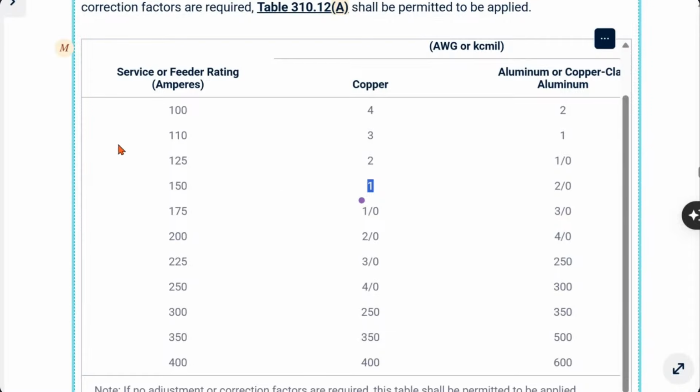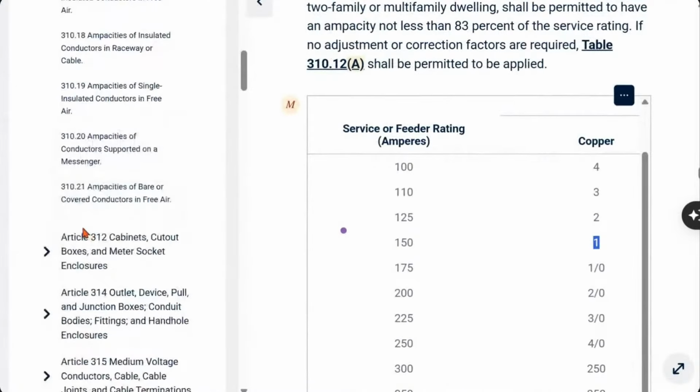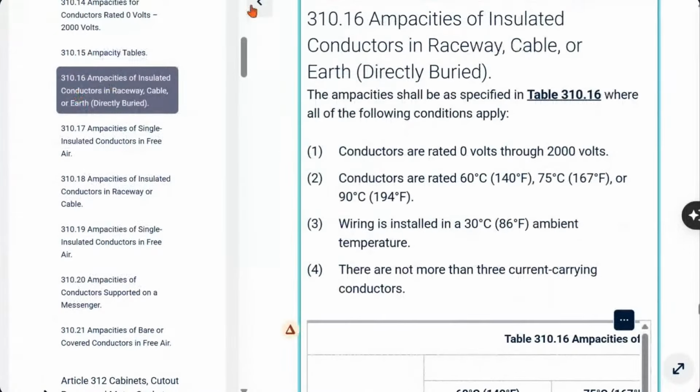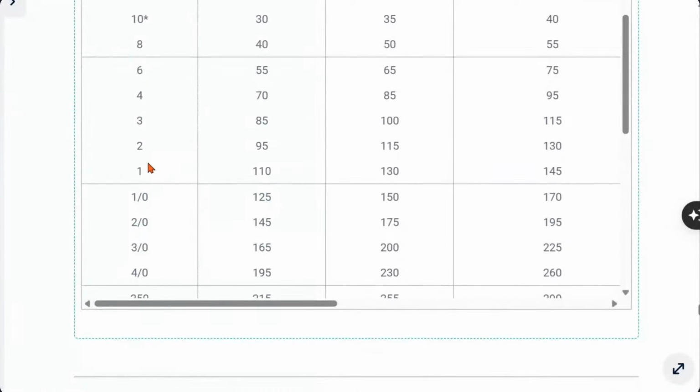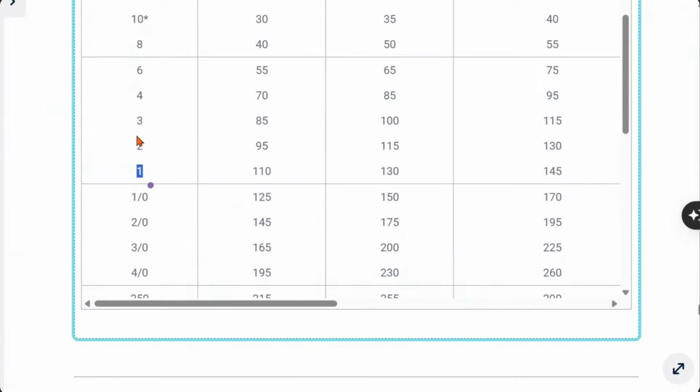So in sizing, we're going to go now 1 copper to 310.16, and we'll go down under here, right? And so we have 1 copper. So typically we said it would be a 3 copper. So here's the 1, 2 sizes, no more than 2 sizes smaller would be a 3, right? And it is good because we said it was THHN, THWN-2, and everything was rated as such. Then we have good for 100 amps. So we're still good.